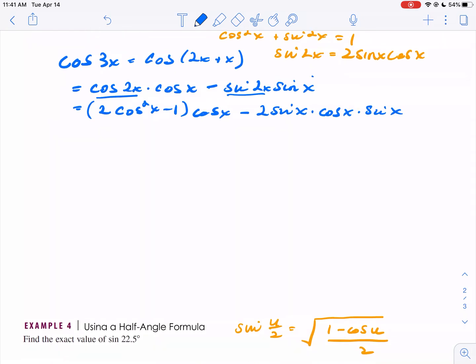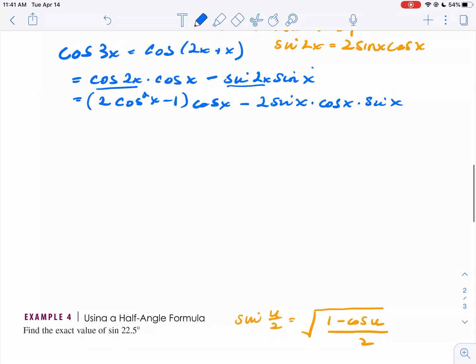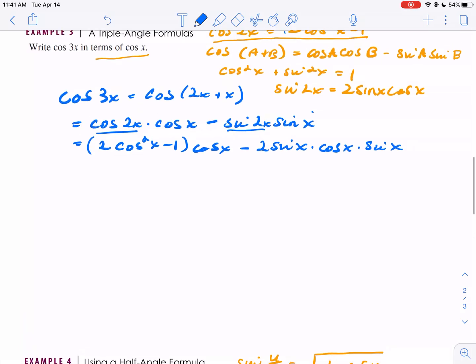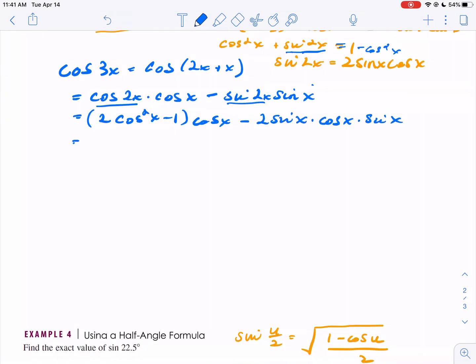So notice we actually have the sine squared of x. And using the Pythagorean identity, we can say that sine squared of x is equal to 1 minus the cosine squared of x.